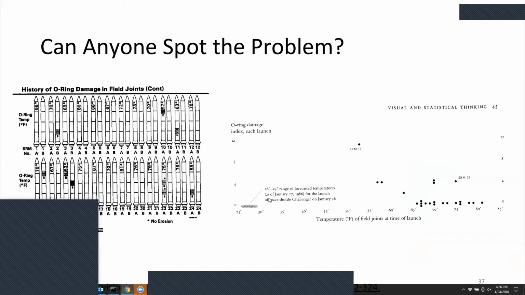And it just so happens that on the date of the actual launch, even though it was in Florida, it was a very cold day, about 26 to 29 degrees. Unfortunately, there was damage to the O-ring, and the Challenger itself exploded during that tragic event. So even just taking the same information and making it more usable, taking advantage of spatial relationships, can be a good first step in creating more usable graphics.